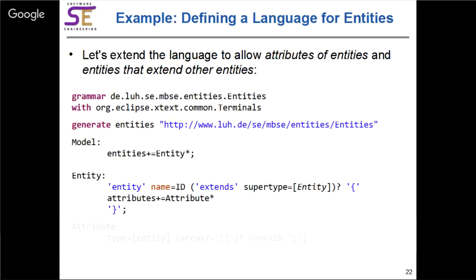we expect some super type to be given here. And now we see we have again the keyword entity appearing here. So this is a reference to the entity rule.